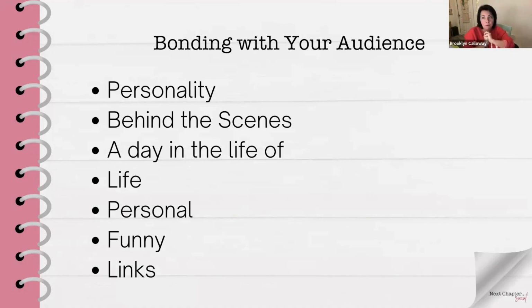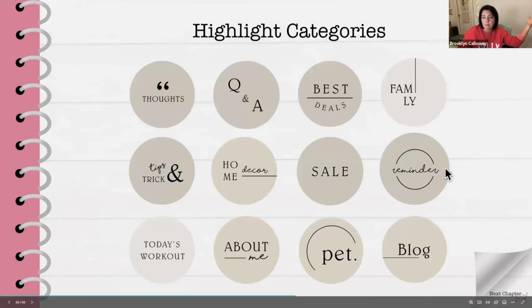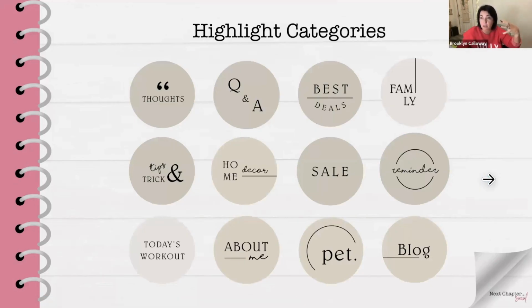And then the high performing ones need to be saved to your highlights. Highlight categories could be these things. I just took some from Canva to show you, but if you go to canva.com, type in Instagram story highlights for hairdressers, for realtors, whatever it is that you do, they have sets of categories and they suggest categories you should use.